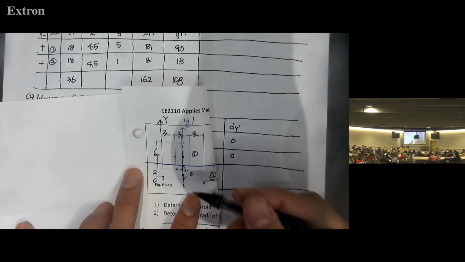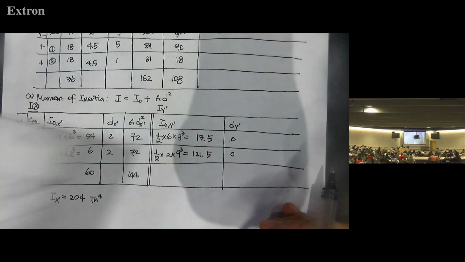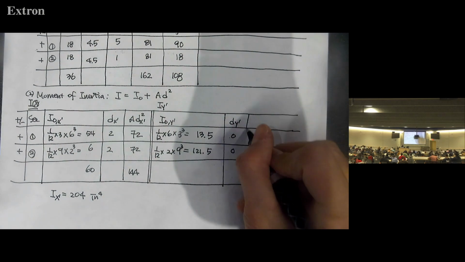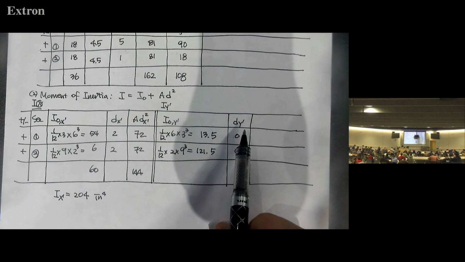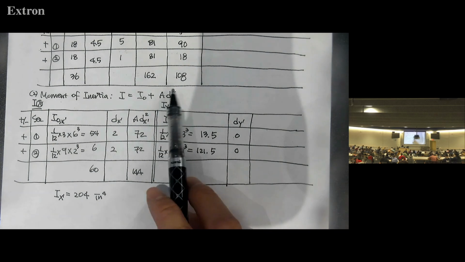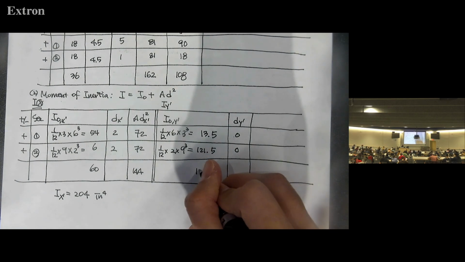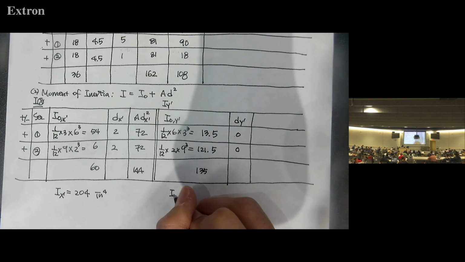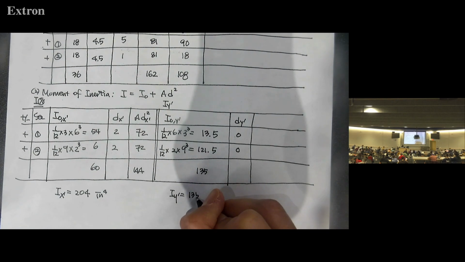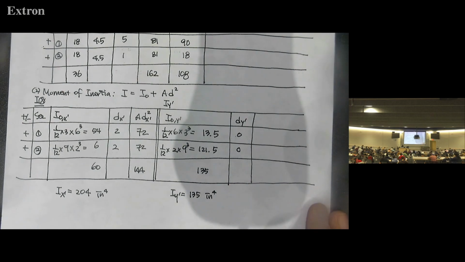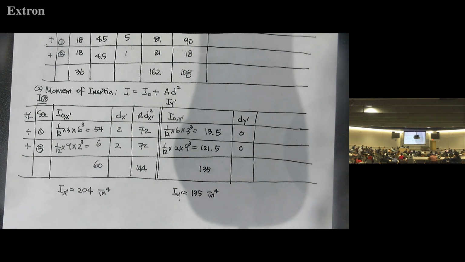They are on the axis, no distance. Okay, and dy prime is 0, so the second term is gone. So we can just sum these two up. So it's 135. So Iy prime is 135 inches to the fourth.